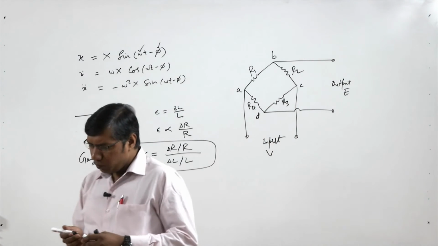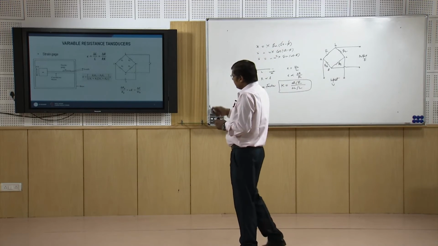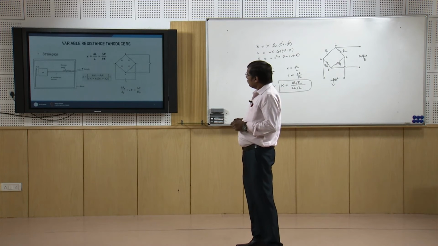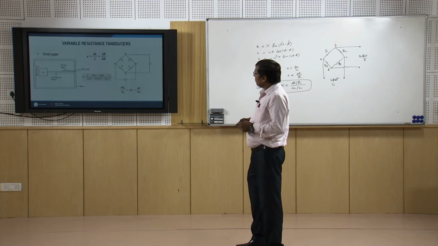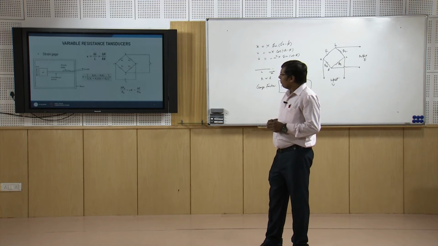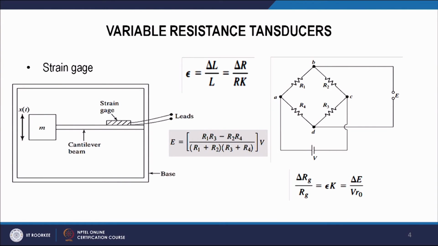We can see the relation that E equals R1 R3 minus R2 R4 divided by R1 plus R2 and R3 plus R4. When this bridge is balanced, there is no current, and so the output E is 0.